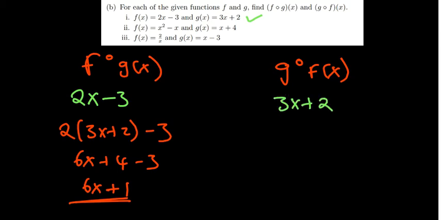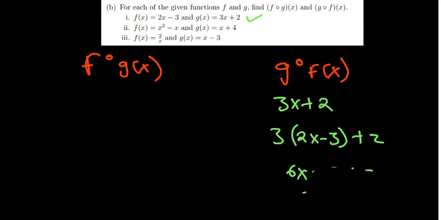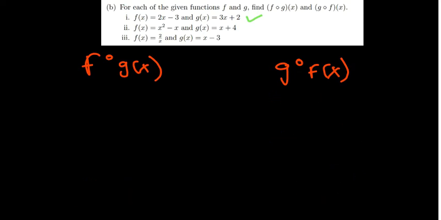Now where there's x, we're going to put f of x. Now f of x in this case is 2x minus 3 plus 2. So we have 6x minus 9 plus 2, 6x minus 7. So we are good to go for the first one. With all these concepts, feel free to pause the video and try the next one out.